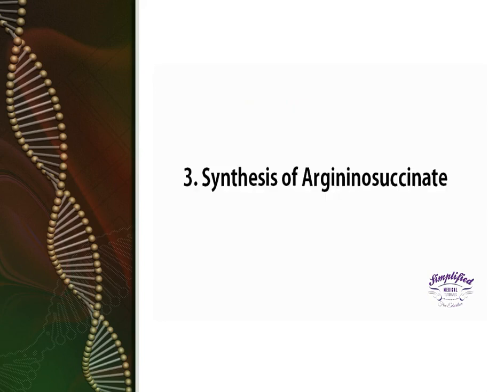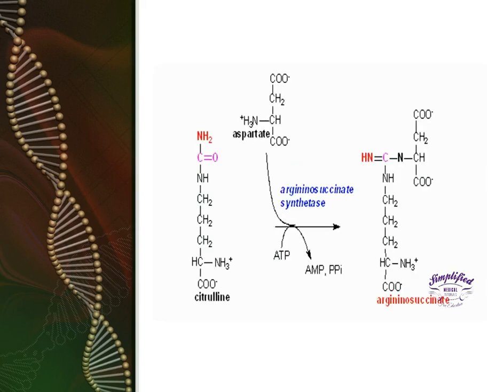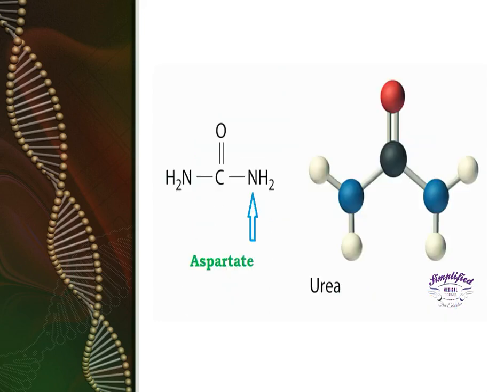The third step of this cycle is the synthesis of argininosuccinate. The enzyme argininosuccinate synthetase combines citrulline with the amino acid aspartate to form argininosuccinate. As discussed earlier, aspartate here provides the second nitrogen that is ultimately incorporated into urea.